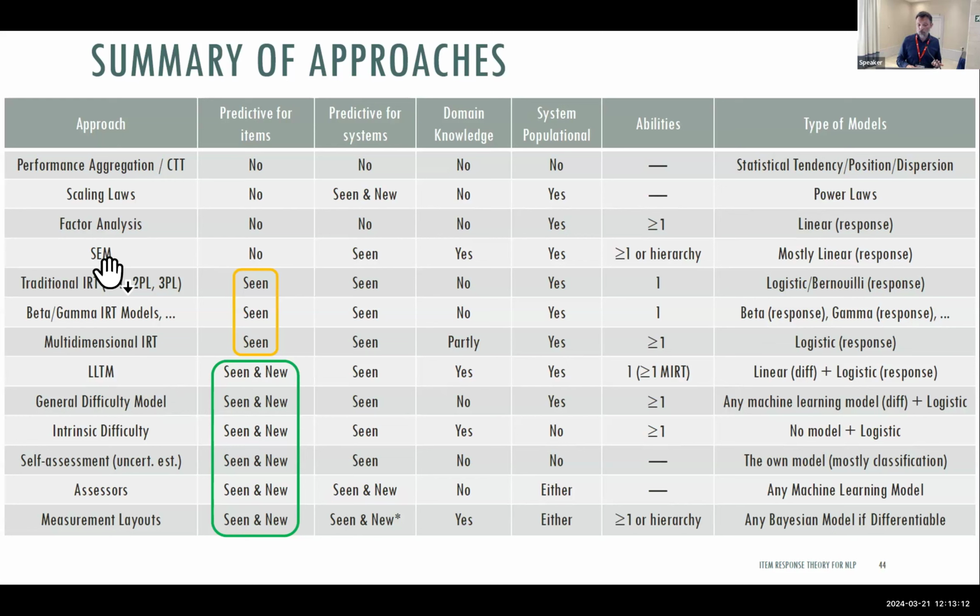And many of these approaches are just extensions. This is basically a simple extension of IRT. And here you can also predict for systems. That's something that you can do with IRT, but these systems must be in the pool. If you don't have the ability, then you cannot predict for this system. But can you predict for new systems?